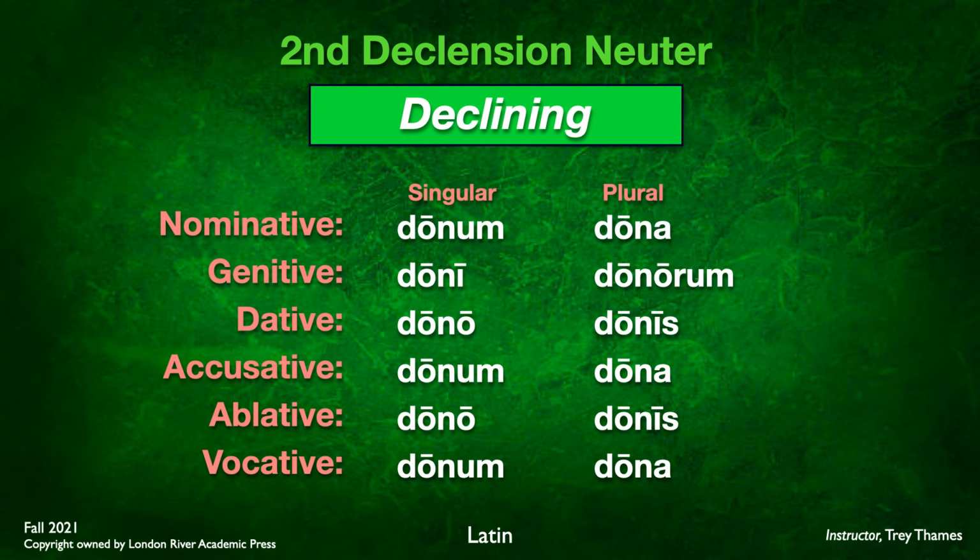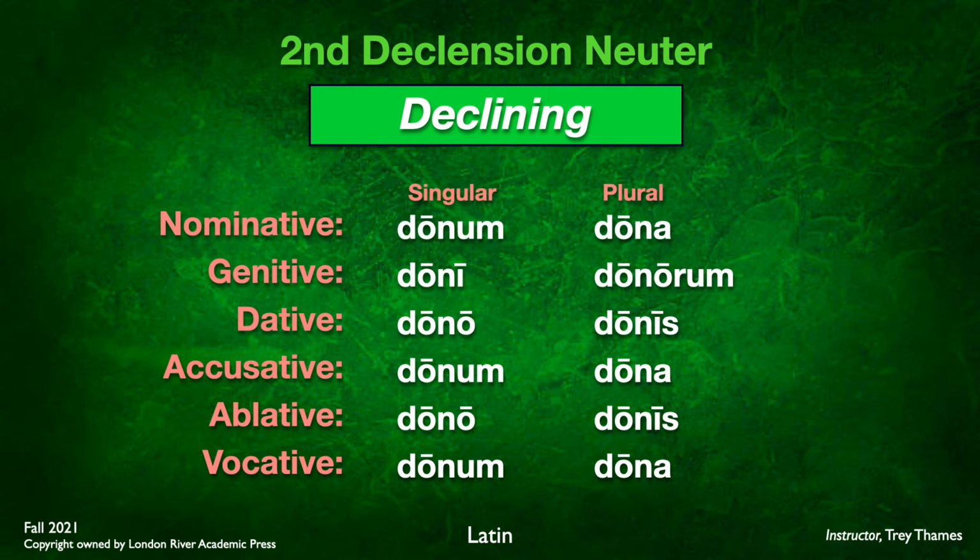So you just put don all the way down. You write it all down. And then to that, you add your endings. And again, just to start the chant off with the nominative, which is where we're used to it, um, e, o, a, orum, is, a. And there you have declined a second declension neuter noun.